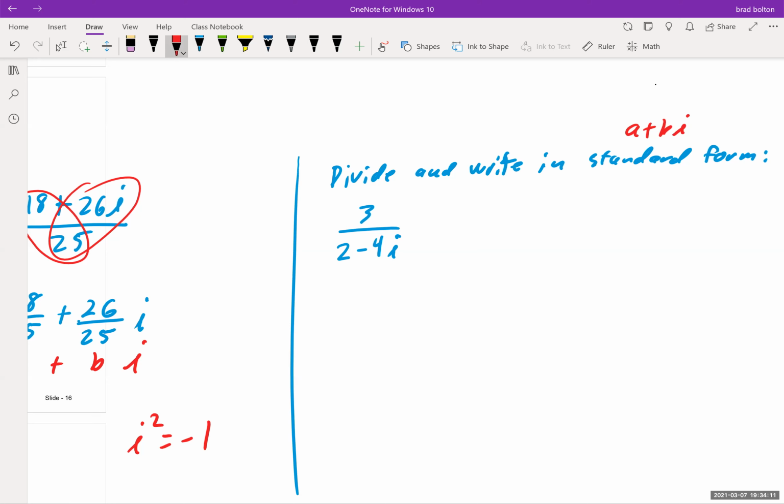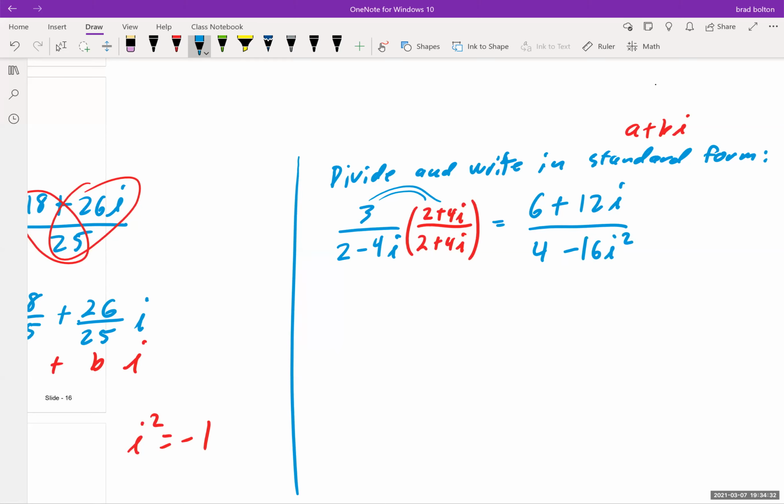Okay, so hopefully you guys used the conjugate, which would be 3 plus 4i, multiplying top and bottom. So now this would equal 6 plus 12i divided by, and again, all I did was distribute. And now here we're going to get 4 minus 16i squared.